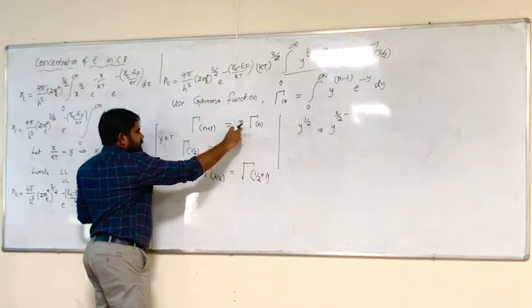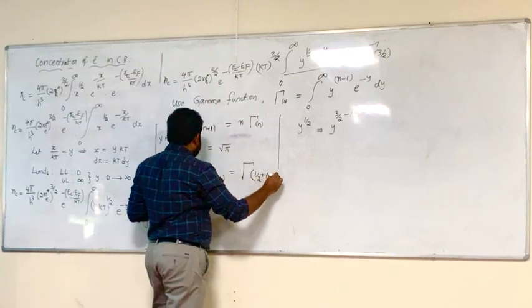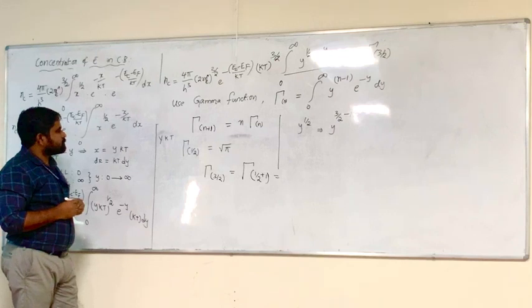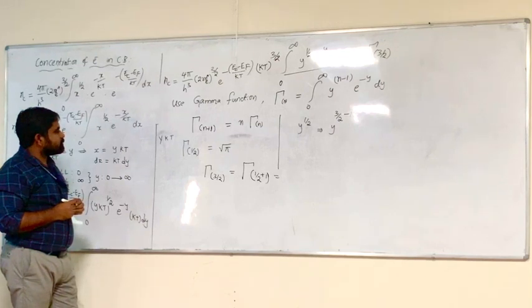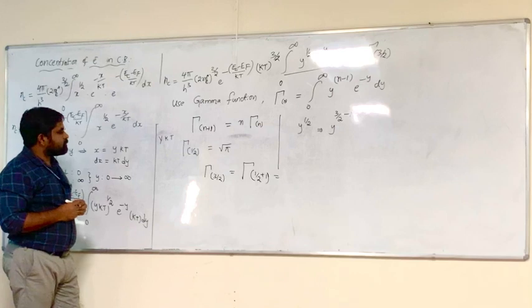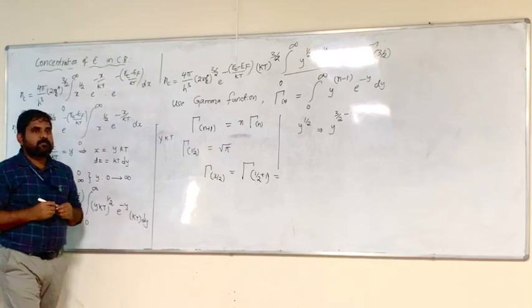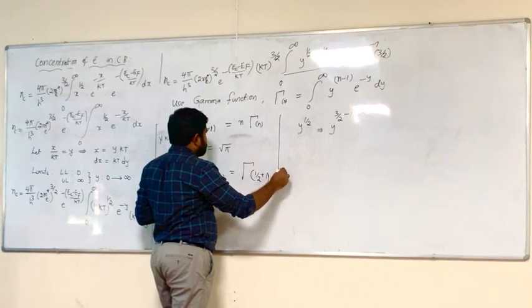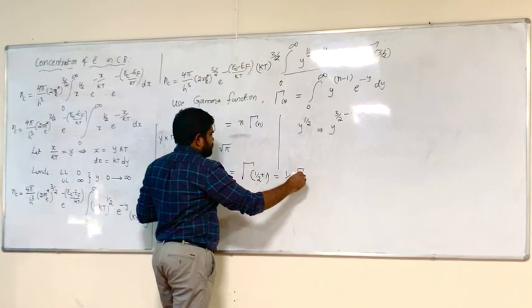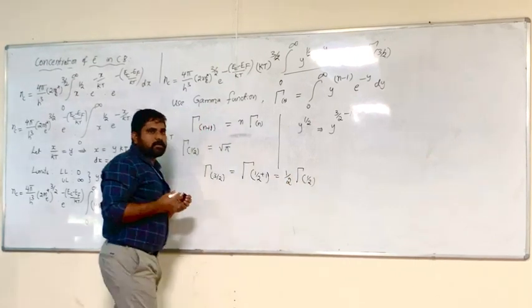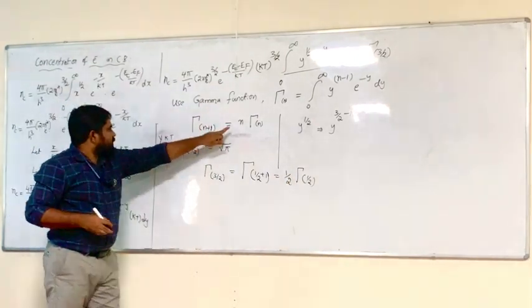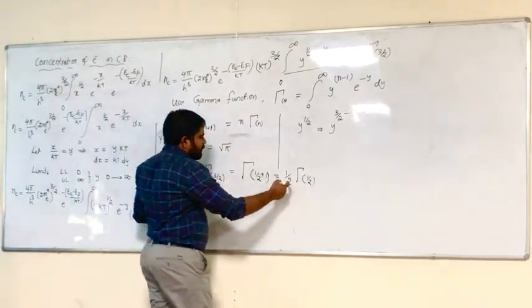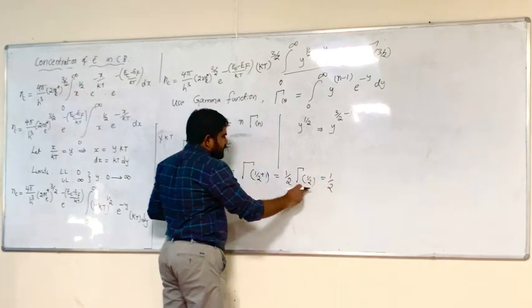If I have this form, n into gamma n, your n is 1 by 2. 1 by 2 into gamma 1 by 2. Correct now? 1 by 2 into what is gamma?